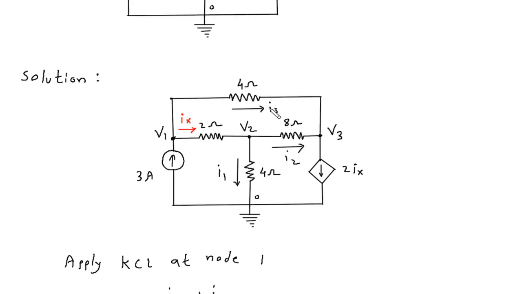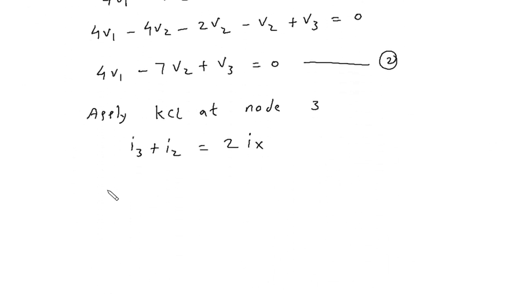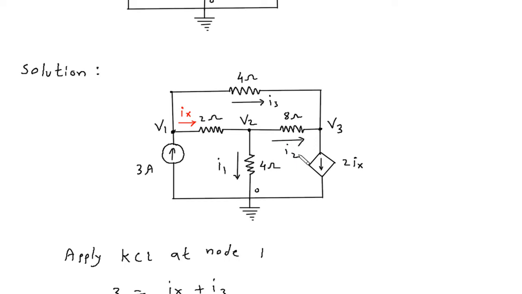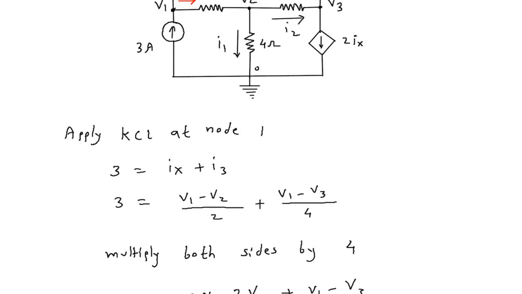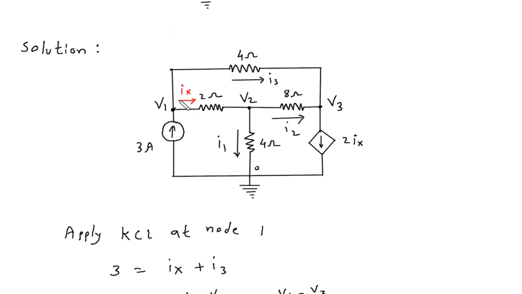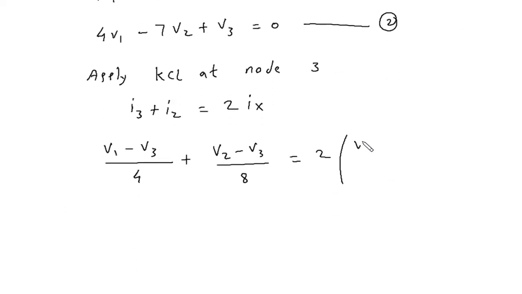Now I3 is (V1 minus V3) by 4, plus I2, which is (V2 minus V3) by 8, equal to 2Ix. Ix is (V1 minus V2) by 2.